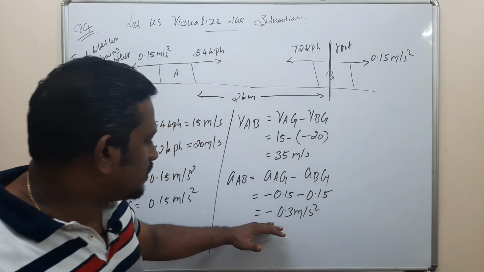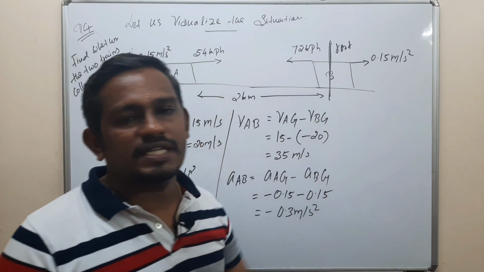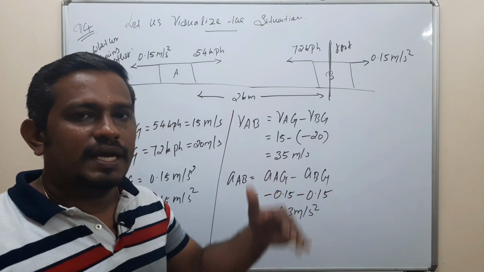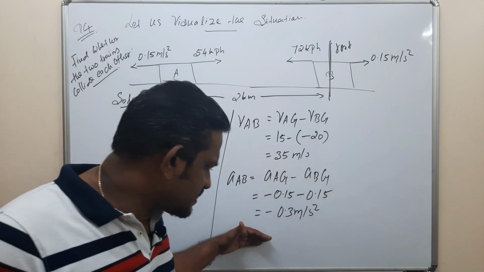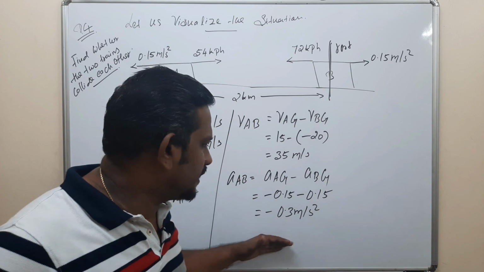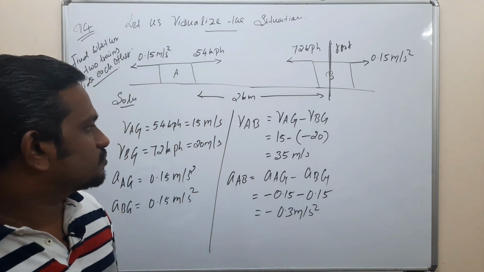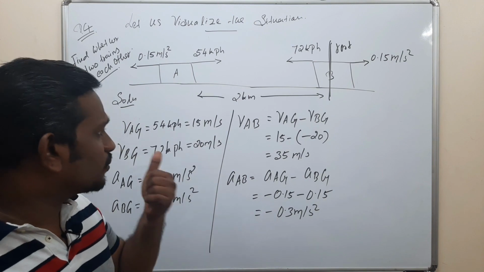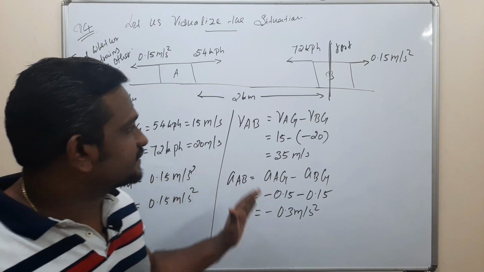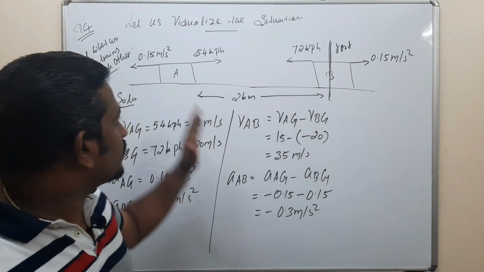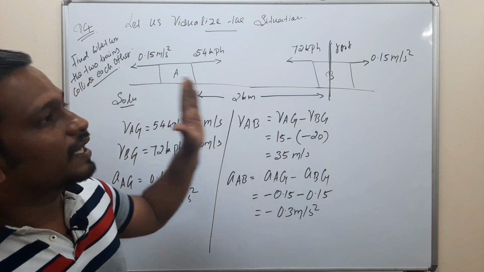Okay, so the body is moving with deceleration, which means the speed continuously decreases, and after a definite time the object comes to rest. So we are going to find at what distance train A comes to rest.